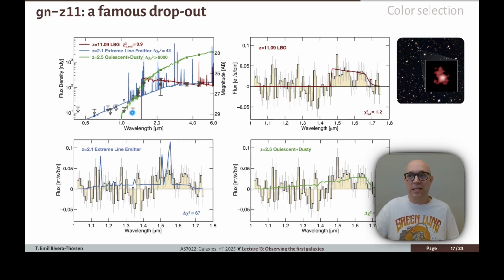The problem with a galaxy like GNZ11 is that it is extremely faint and it is extremely hard to get proper spectroscopy from such a galaxy. Because basically, if you do it in imaging, then all the photons that come from a wide wavelength range, all inside the same filter, will all be combined into one data point, right?